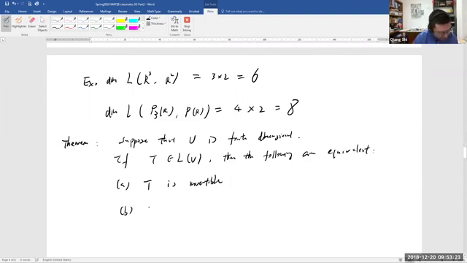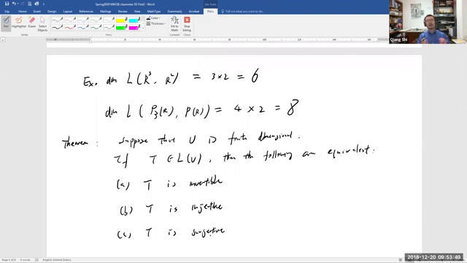But we're saying if your T is just defined on V to V, then invertible is actually equivalent to T is injective and equivalent to T is surjective. Okay, so these three things are equivalent. All right. So in other words, if you know any one of them, the other two are automatically also true. Right. This is actually convenient for us.